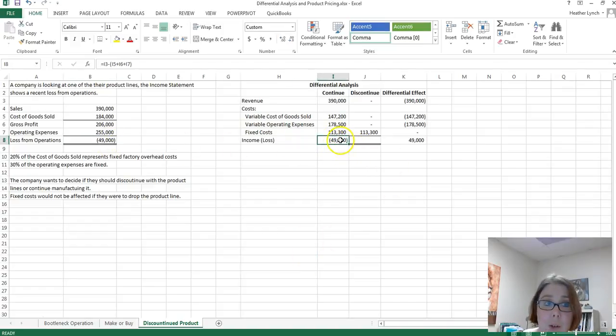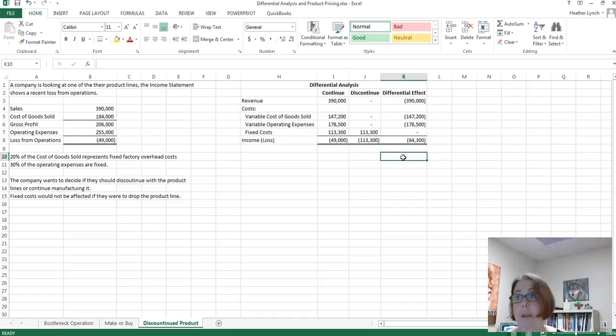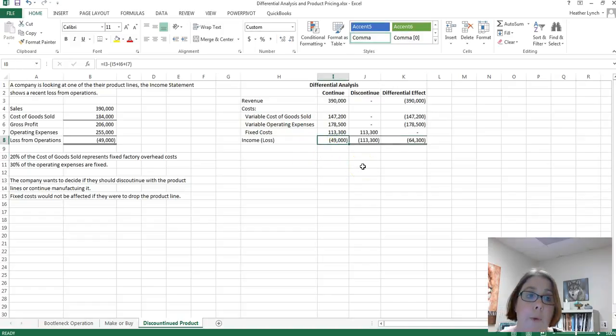I'm going to copy that formula over because we have 113,300 of fixed costs that we still have to account for. So if we were to discontinue this operation, our net income would be negative 64,300, versus if we continue it, a $49,000 loss. So you're going to want to keep this line. You're going to want to continue this product.